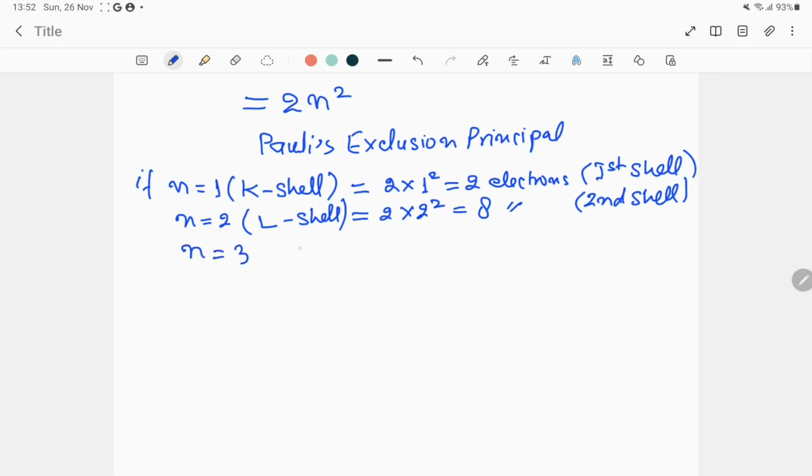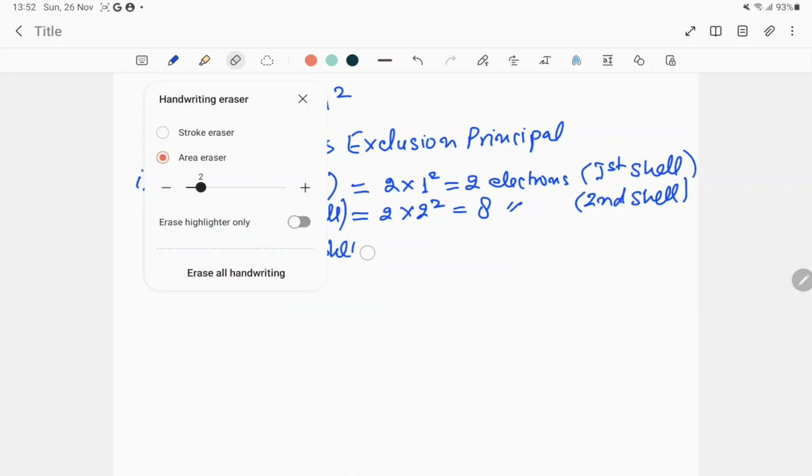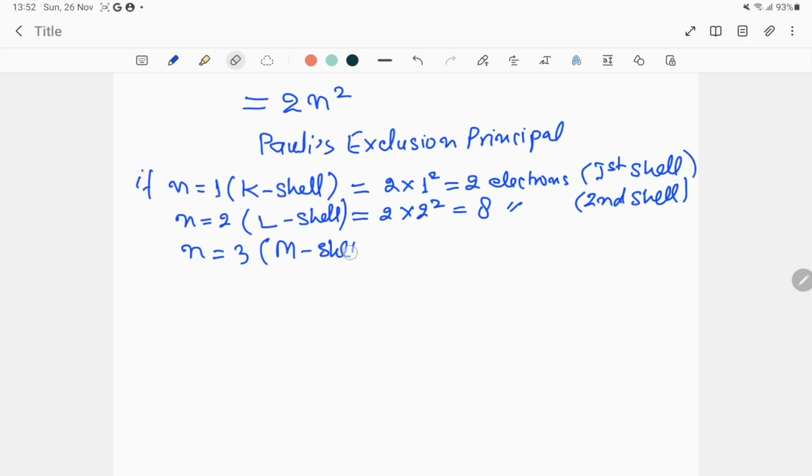If n is equal to 3, M shell, that is 2 into 3 square is equal to 18 electrons in the third shell.